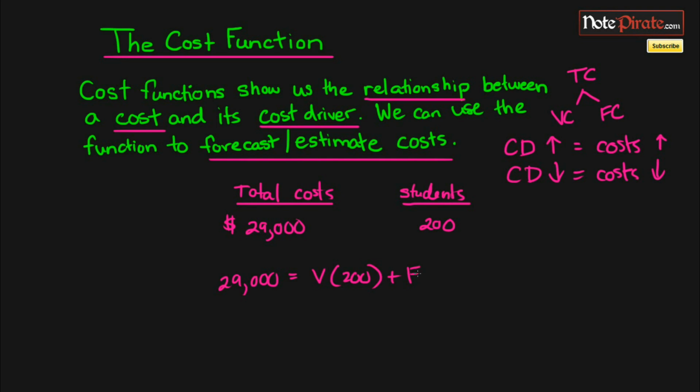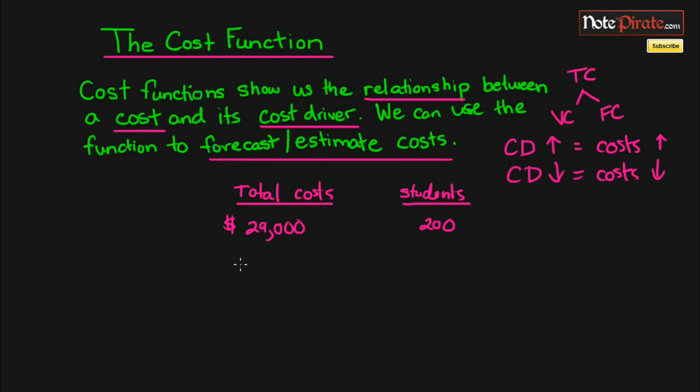With that, we wouldn't actually be able to project other costs. This isn't a cost function because we can't project other cost driver activity levels. So what we need is another data point so that we can calculate our slope.